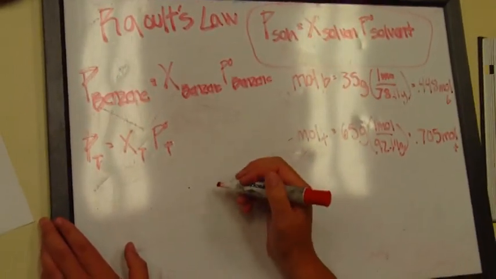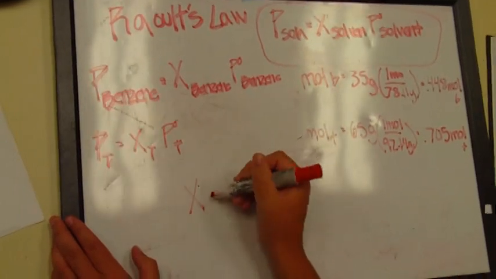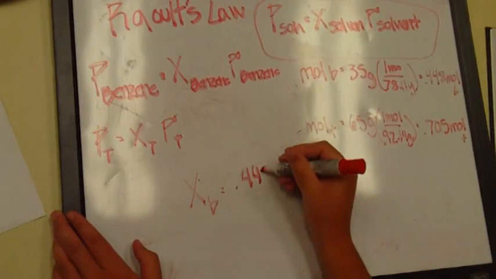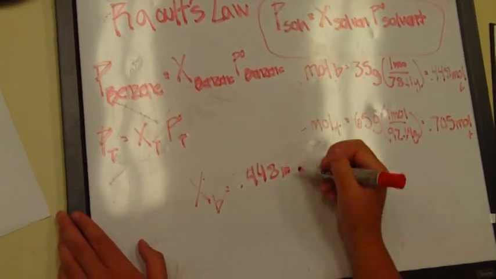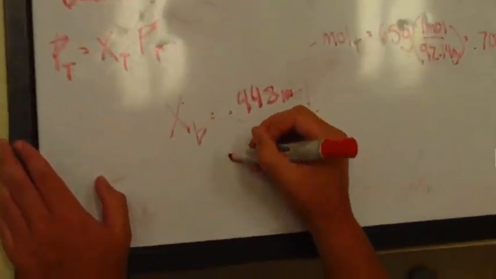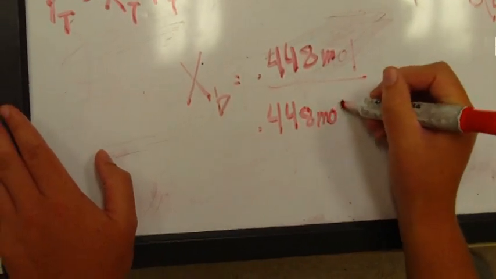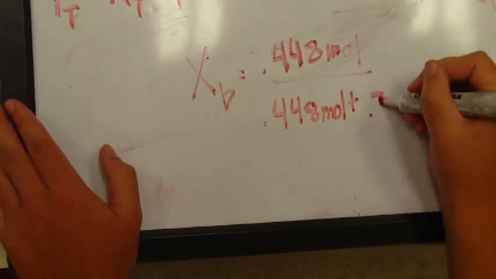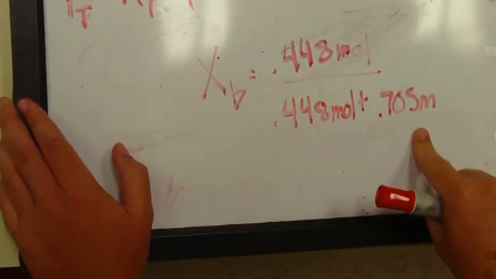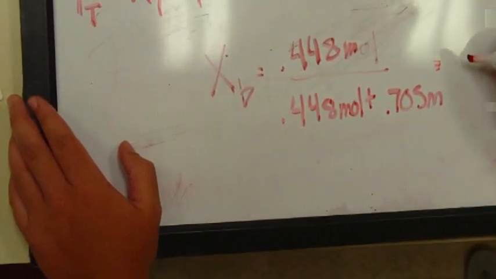All right, so using this, we're going to solve for the mole fraction. So here we go. X of benzene is going to be 0.448 moles divided by 0.448 moles plus 0.705 moles. Benzene and toluene make the total, and we're just interested in the mole fraction of the benzene.